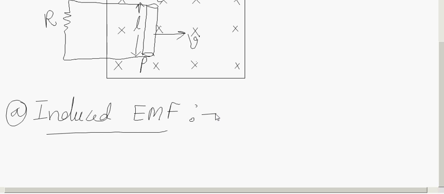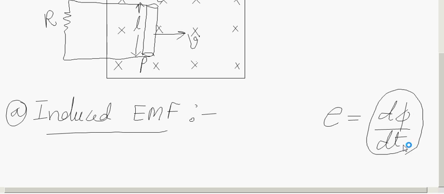So to calculate the induced EMF, we should know d phi by dt, that is the rate of change of flux, because we know E is d phi by dt, that is by Faraday's law. So first we have to calculate the rate of change of flux.